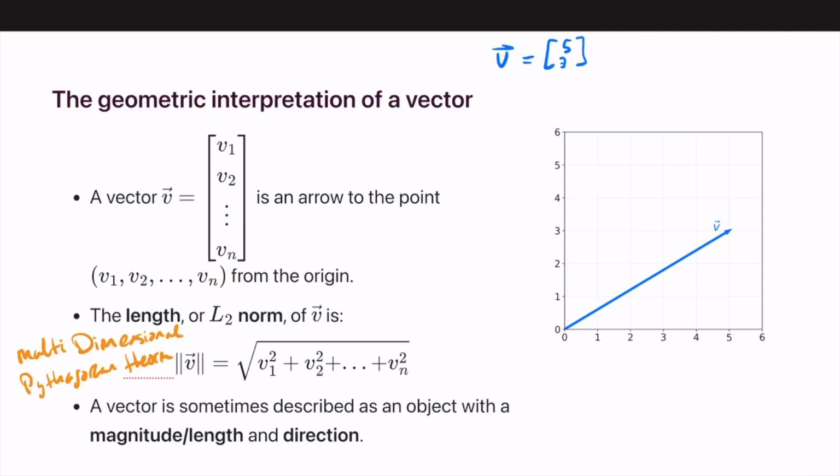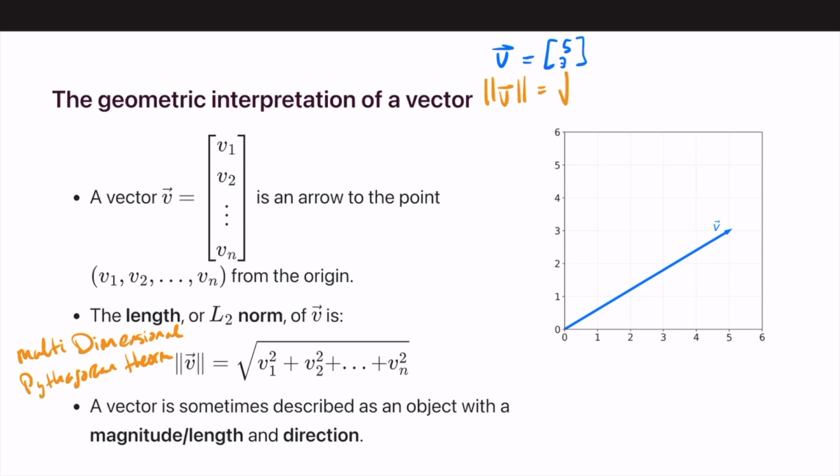Okay, and we'll use this theorem to actually calculate the length of this vector. Maybe we'll just do that right now, before we get into direction or magnitude. So if we wanted to find out the length of this vector, and we know the vector goes to 5, 3, we could just use the multi-dimensional Pythagorean theorem equation here.